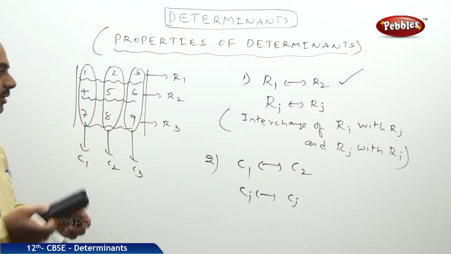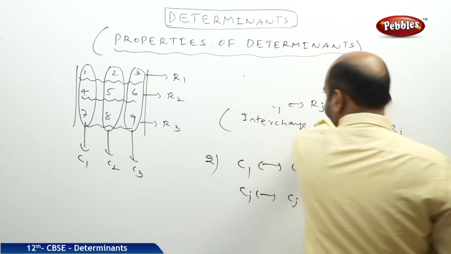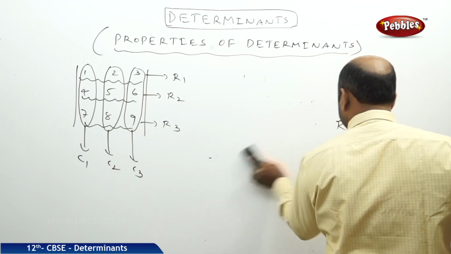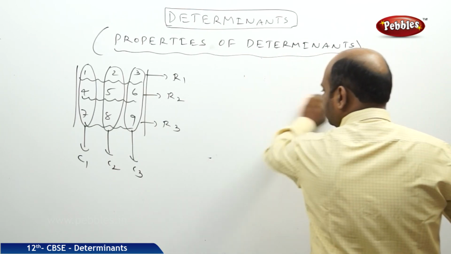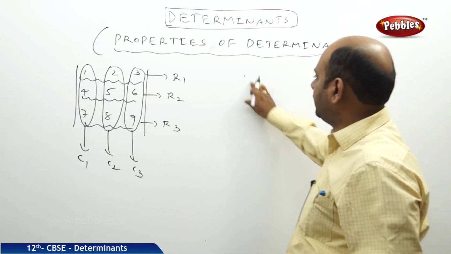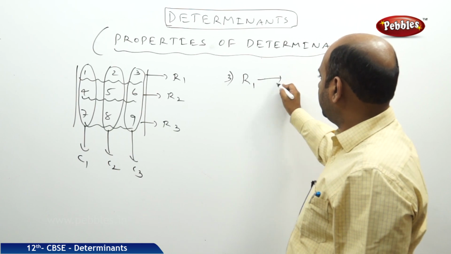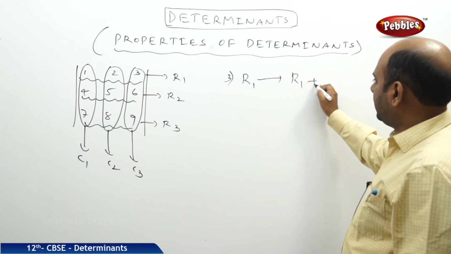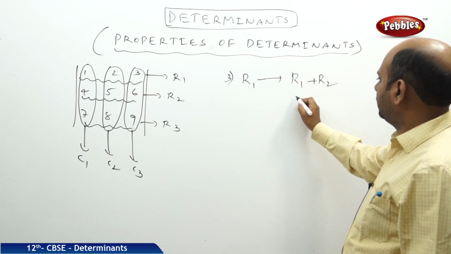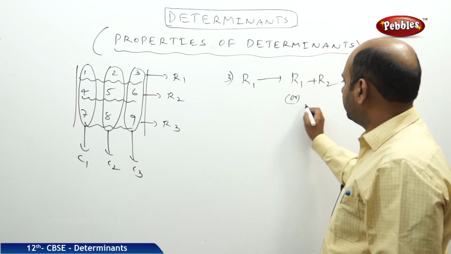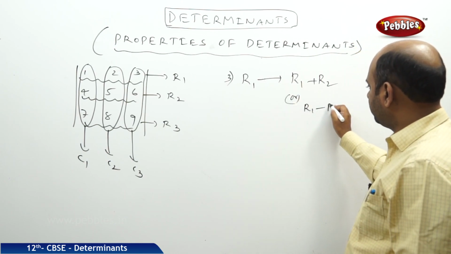And sometimes I'll be using another one: R1 implies R1 plus R2 or R1 minus R2.